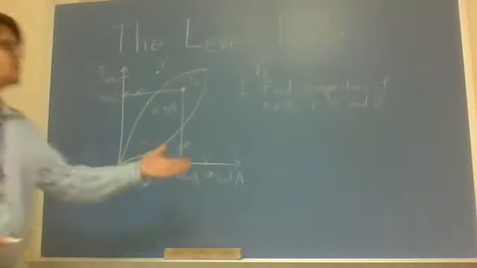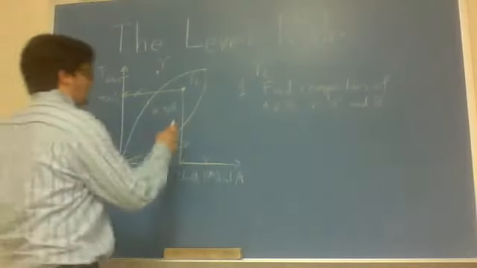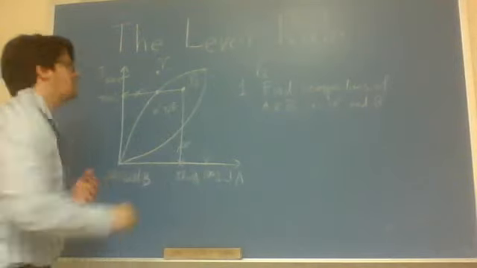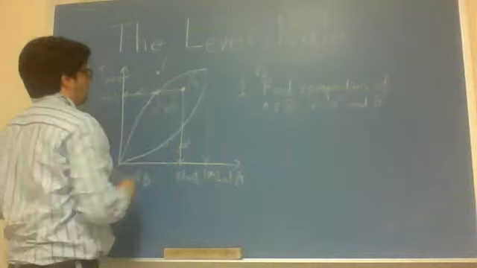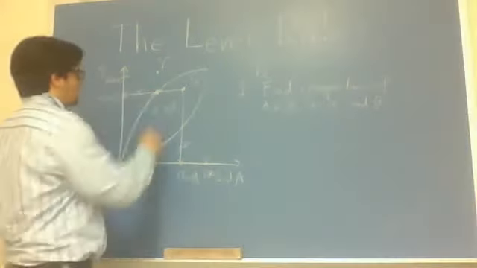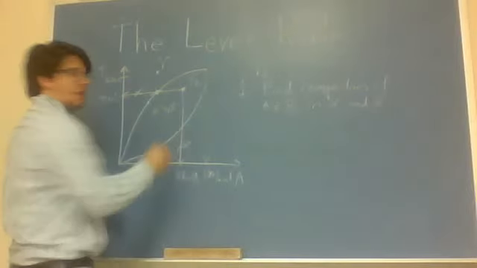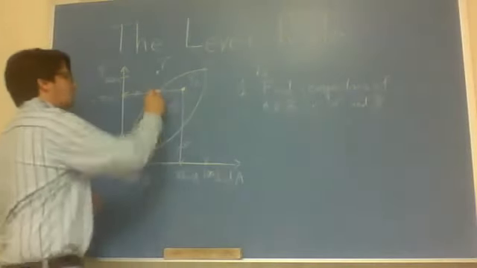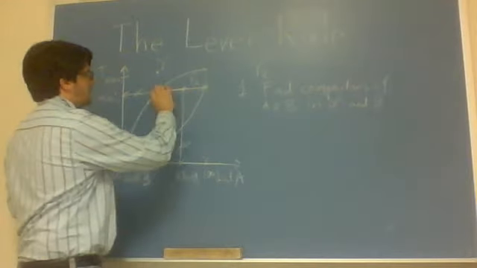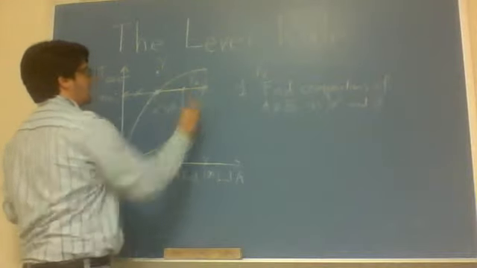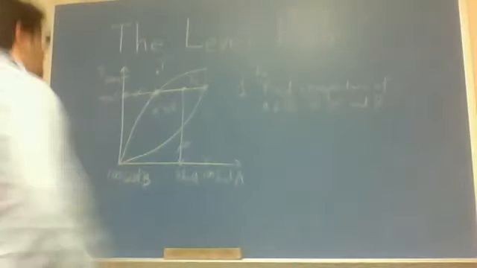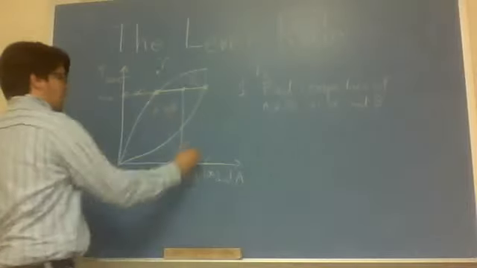The way we do this is we draw a lever. The lever is along the horizontal line, from one boundary line to the other boundary line. The boundary lines are the boundary curves for the alpha and beta phases.